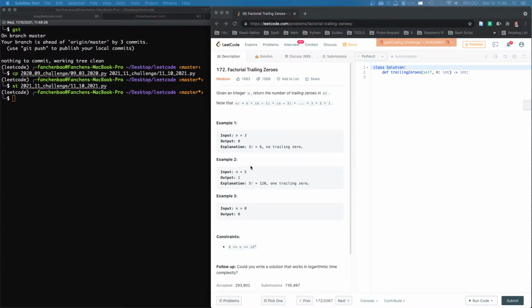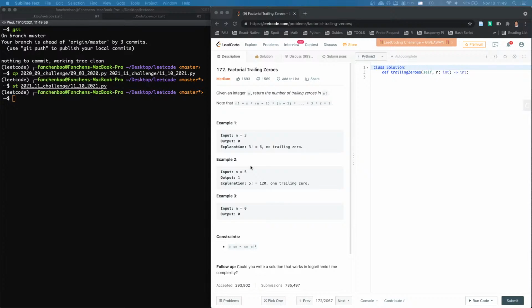Yeah, I think what I'm trying to do is to find how many singular 5 factors there are, and how many singular 2 factors there are. And then the goal is the count of zeros is just the smaller, which is actually how many singular 5 factors, because the 5 factors will always be fewer than the total number of 2 factors, right?